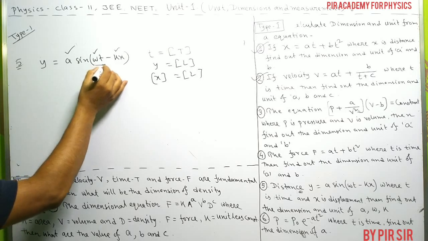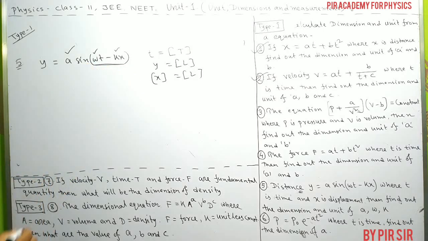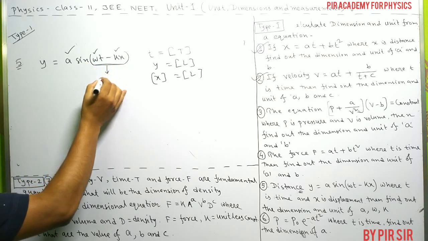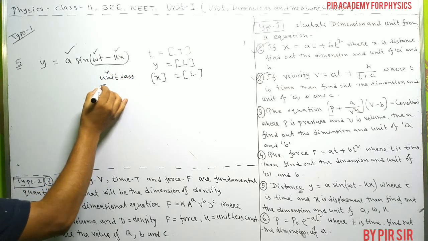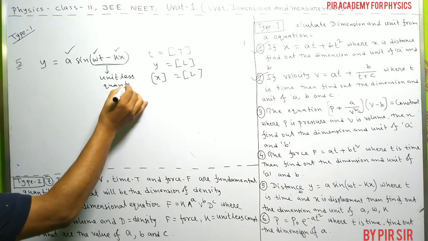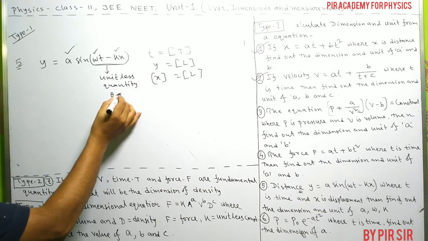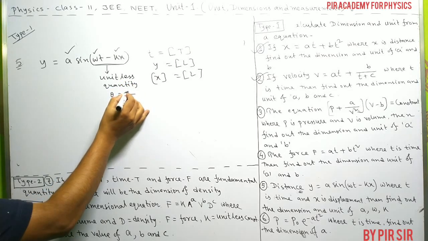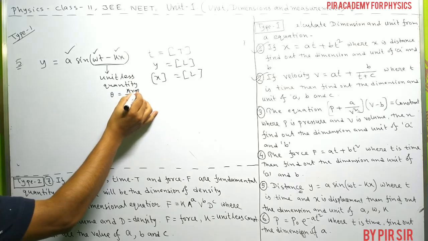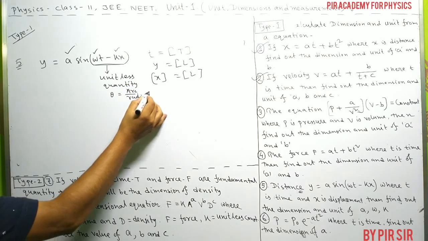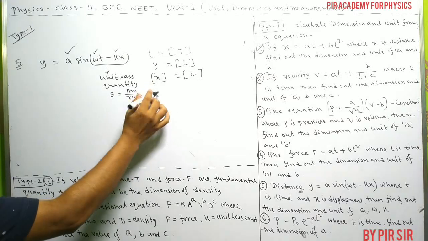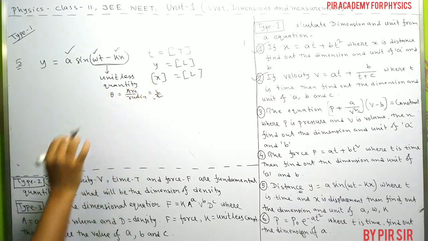This total is a unitless quantity. Because theta is arc by radius, that means r by r, that means L by L, that means no dimension.